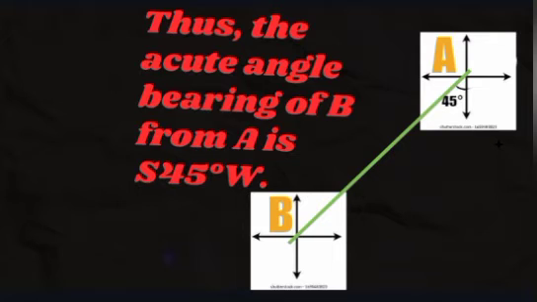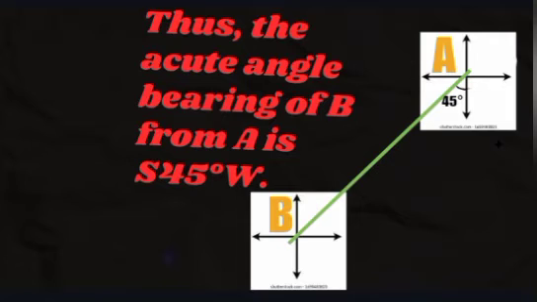Assuming this line, the green line, was formed 45 degrees from the south towards the east, the acute angle bearing will be south 45 degrees east.